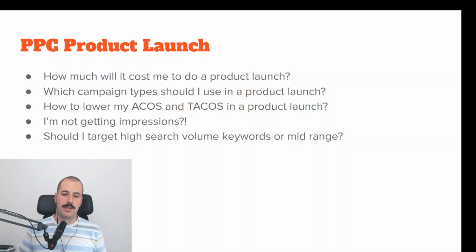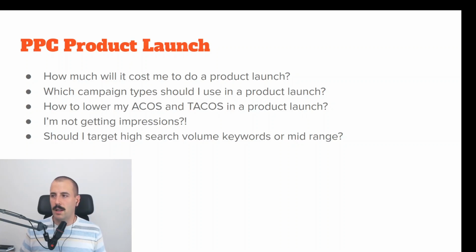I'm not getting impressions. The thing about that, during a product launch, even the usual campaign that you're starting out, if you're not getting impressions, and you did the other stuff okay, so you're in the correct category and the ad is not suspended or ineligible or out of stock, quick win, increase your bid.